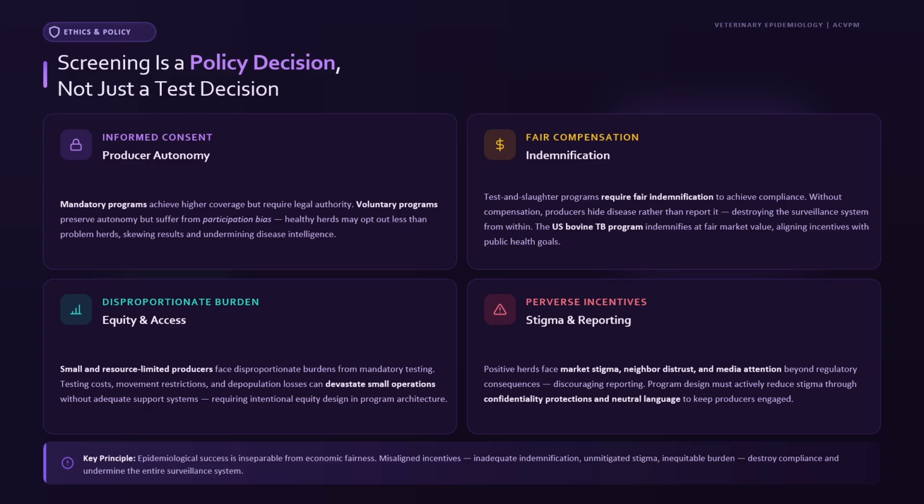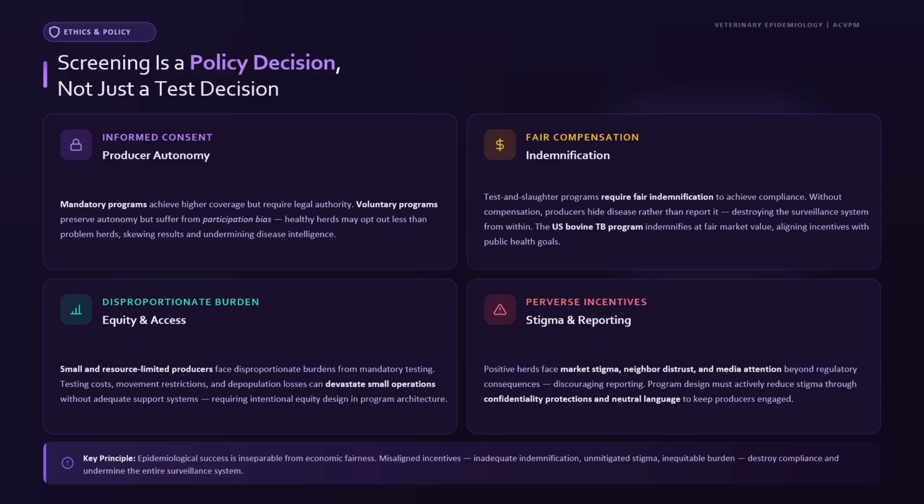A herd that tests positive can face market stigma, distrust from neighbors, and even media attention, consequences well beyond the regulatory ones. If being honest gets you punished, people stop being honest. Good program design fights that with confidentiality protections and neutral, non-blaming language, so producers stay engaged.